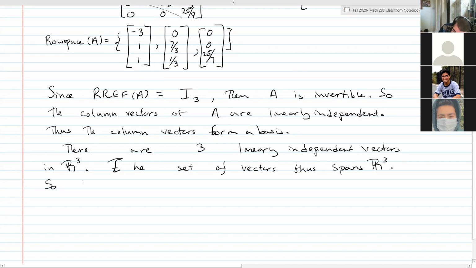So the column space of A forms a basis for R3.